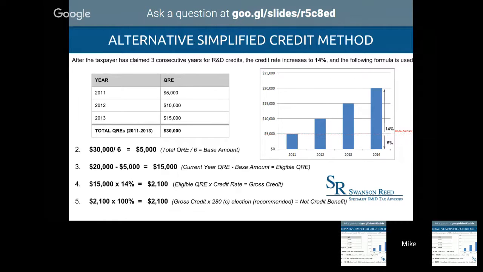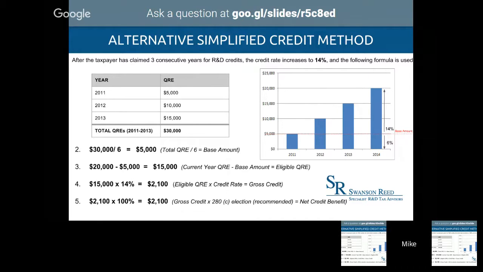Line 5 is simply a repetition of the issues circling around the 280C election, and again, we're putting that on hold for a few more slides. Let's say that you elect no, and you're going to take 100% of that credit, which would be the $2,100. So the takeaway in this example is a $2,100 credit.